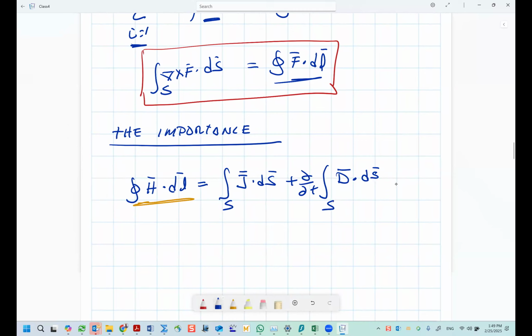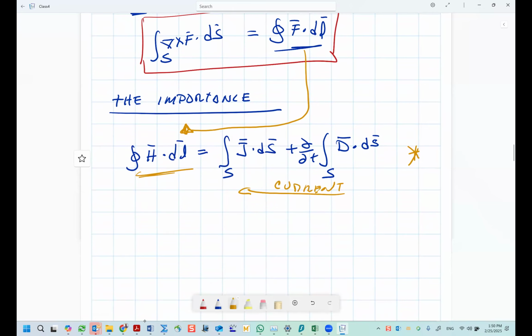And this is important because now I can substitute this thing here. So instead of putting that thing in here, which this equation has full physical meaning, it's telling you very clearly that any current that you enclose by a path or by a line integral gives you some magnetic field.